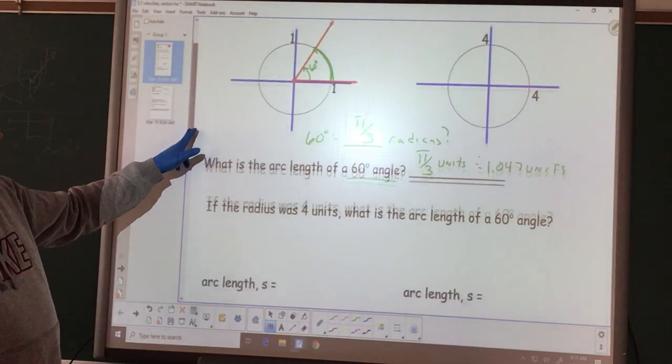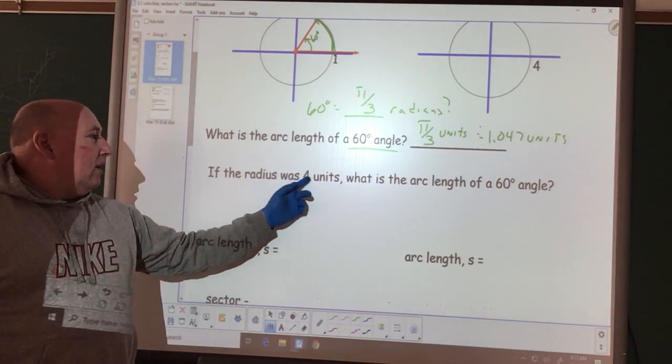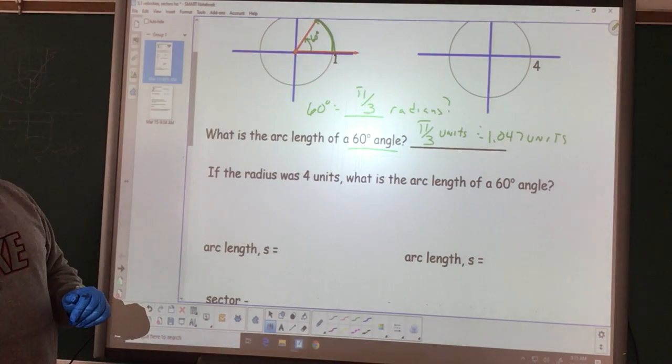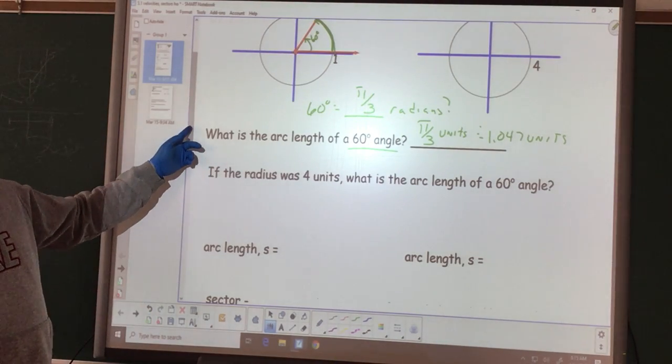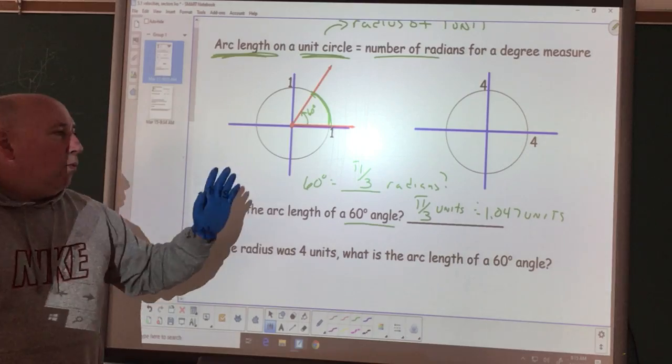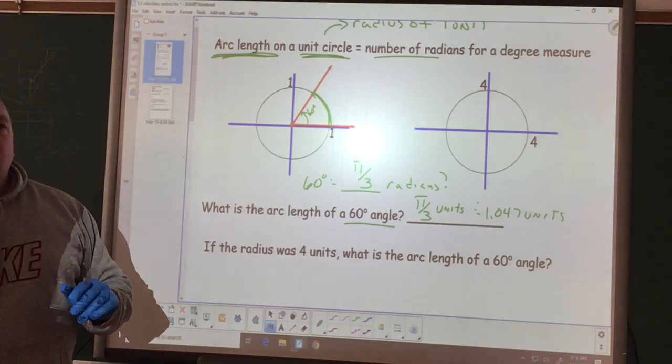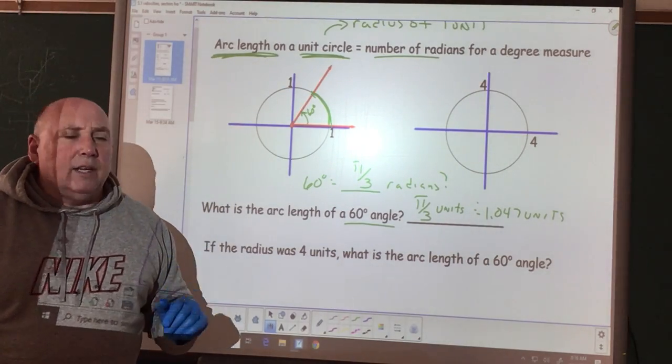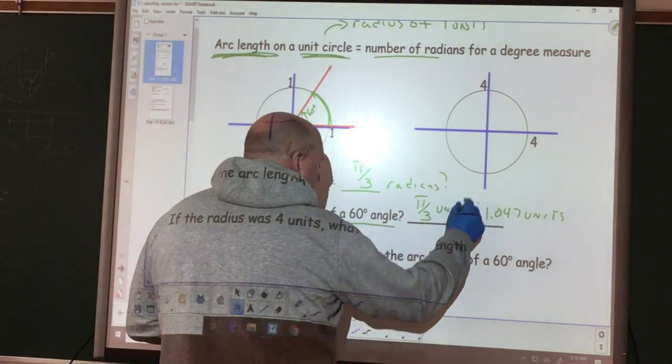Well, what happens when we take a look at a circle with a radius of 4 units, like we have over here?